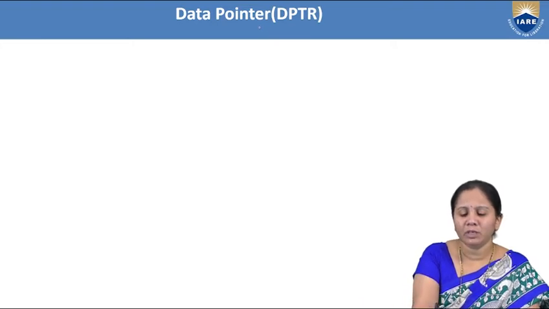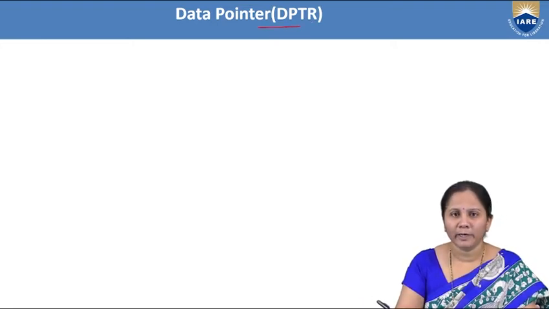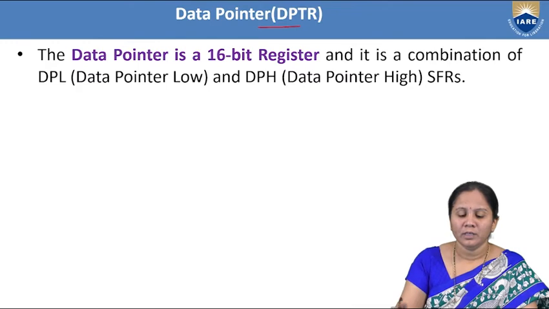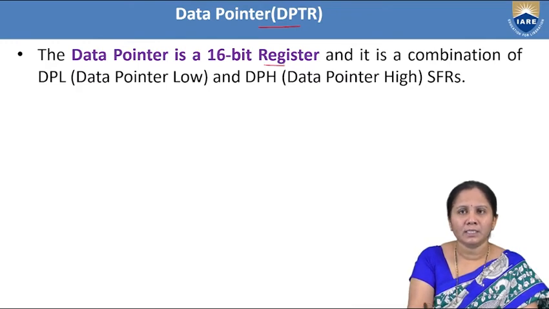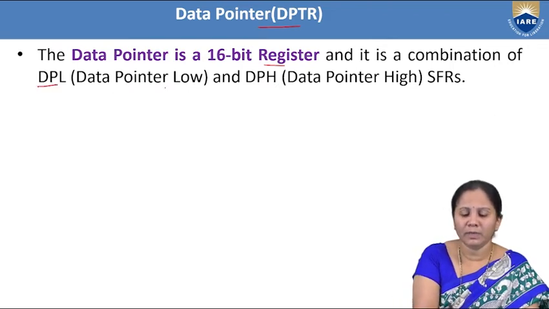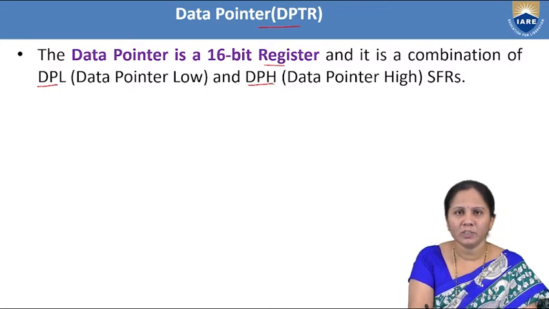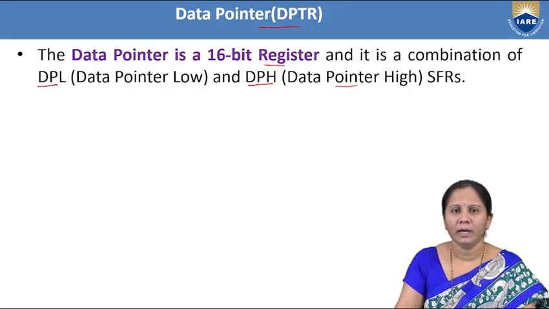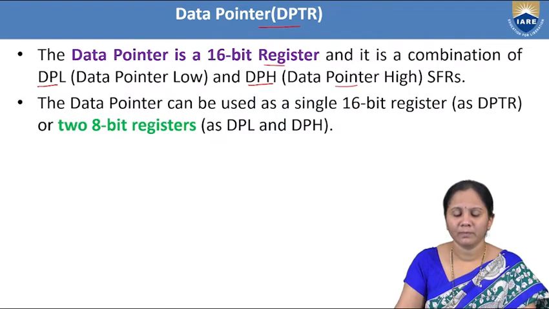Coming to the first pointer register, DPTR, which is called the data pointer. This data pointer is a 16-bit register. If we want to use it as 2 8-bit registers, we can use DPL and DPH. DPL represents data pointer low and DPH represents data pointer high.